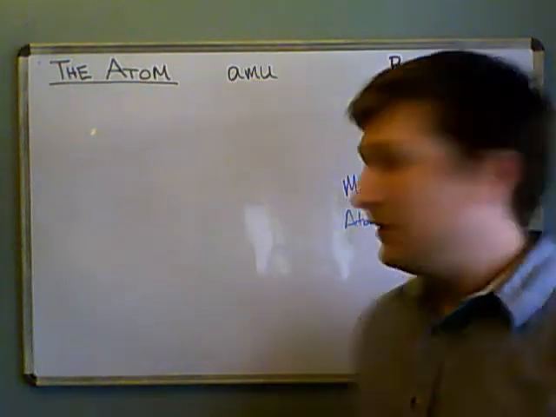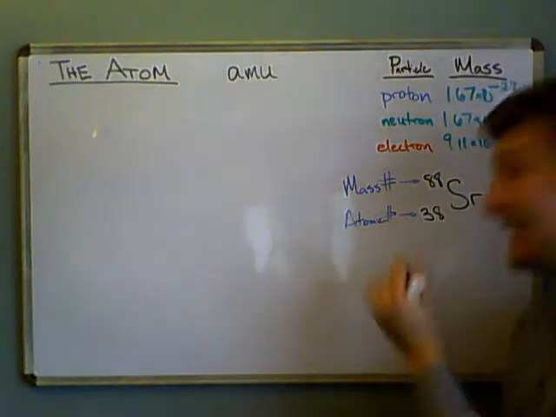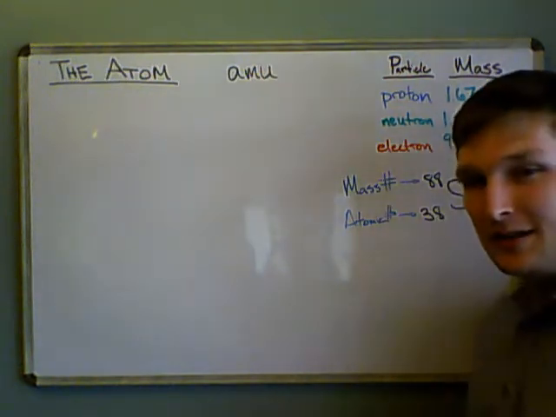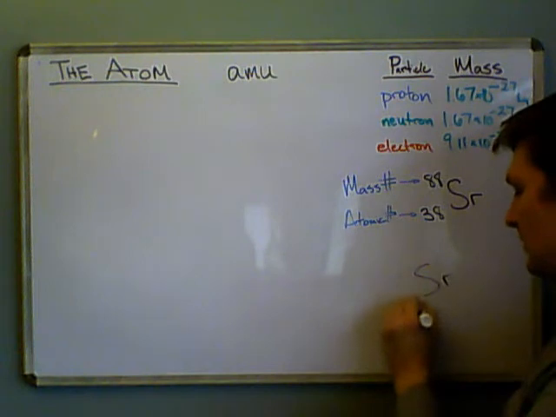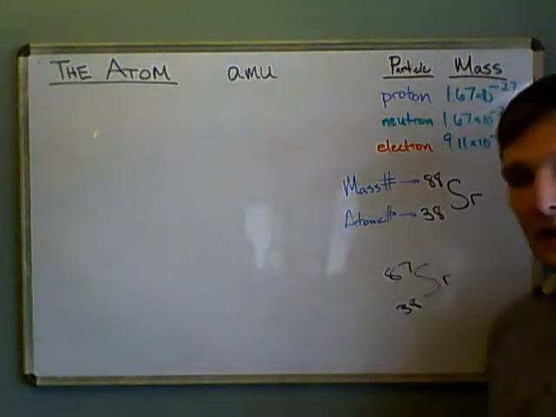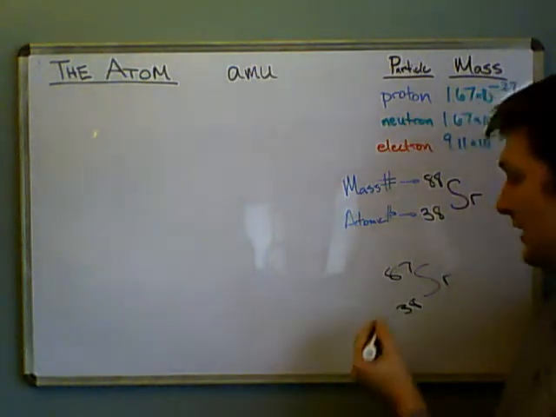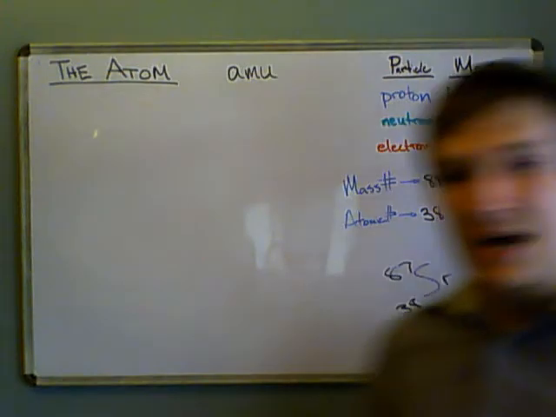You could have the strontium-38. It is strontium because it has 38 protons. But you could have strontium, let's say 87. And that would mean that instead of having 50 neutrons like this one had, then you'd only have 49.